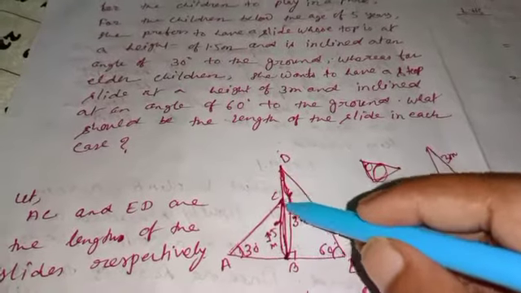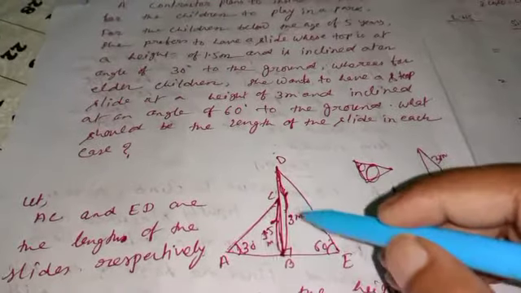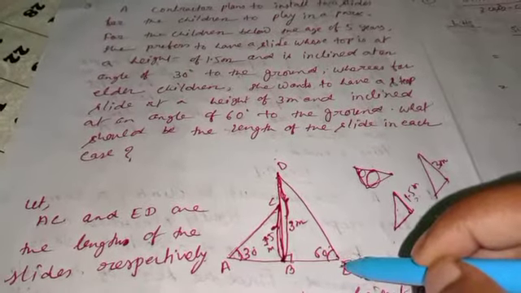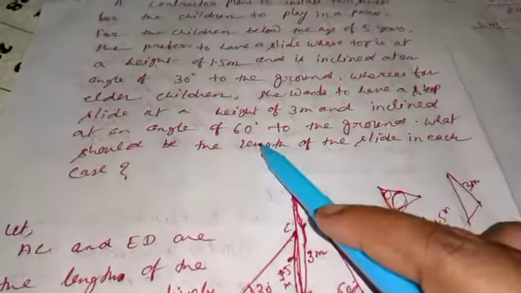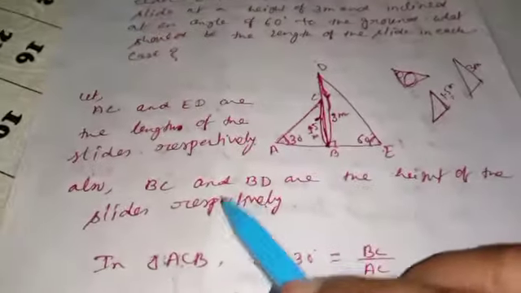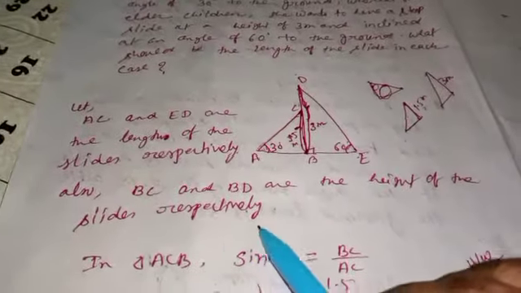So this is the height of the slide for the elder children. That means this ED will be the length of the slide, and B is the ground level, and this angle is 60 degree they have given. Now need to find out AC and DE. There it is written, let AC and ED be the length of the slide respectively. Also BC and BD are the height of the slides respectively.